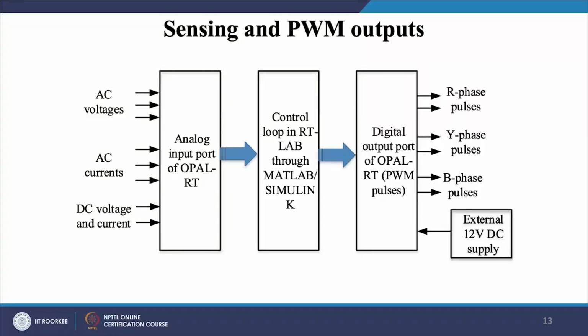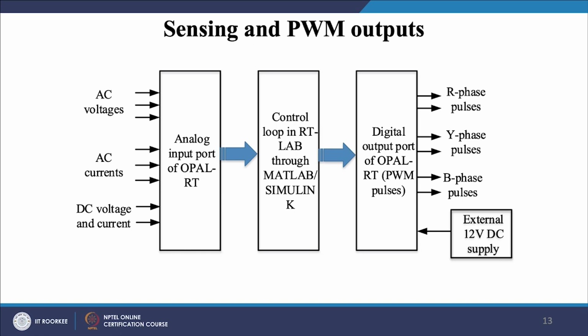The PWM pulses generated from the control system can be taken out of the digital output pins with magnitude of either plus 5 volt or plus 12 volt by connecting an external DC source to the specific pins of the digital out. Now, the next attempt is to sense the PWM outputs.